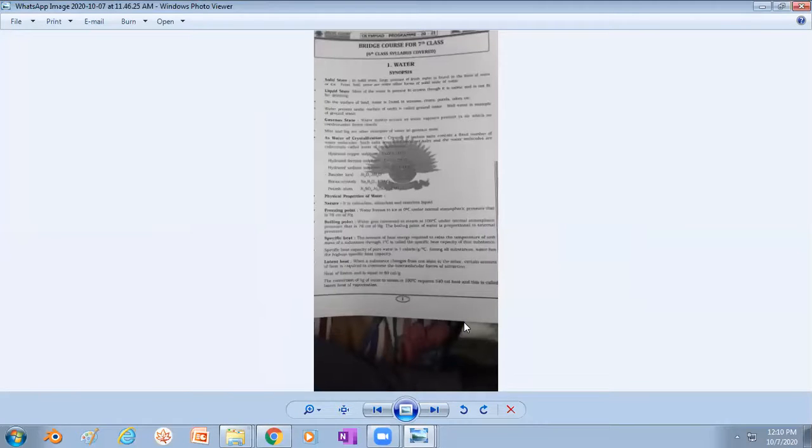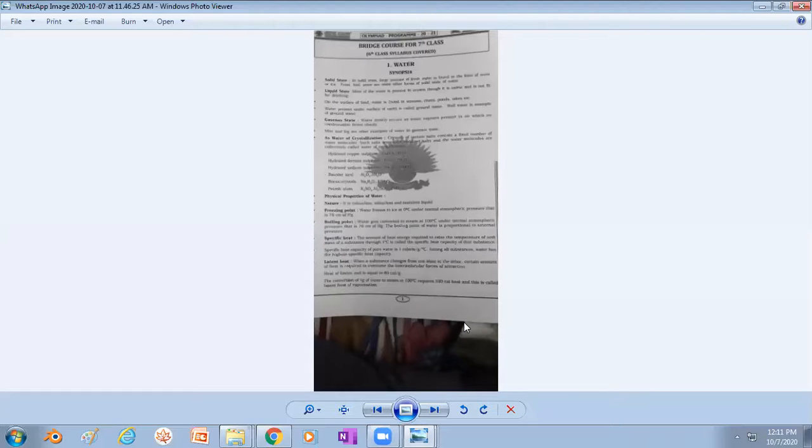Okay. So let us see here water synopsis that is already shared on our screen. So solid state, liquid state. Most of the water is in the form of liquid state. If you observe the oceans, lakes, ponds, all these have water. Especially most of the water is present in the ocean, that is not drinkable.